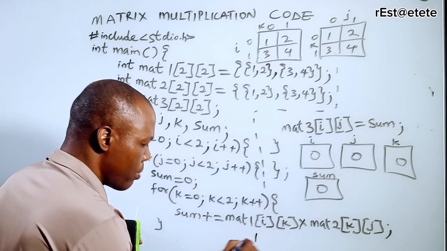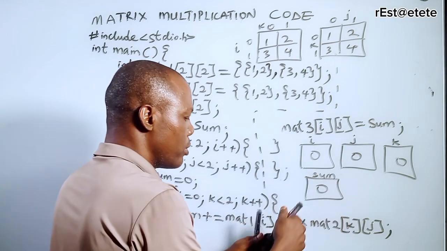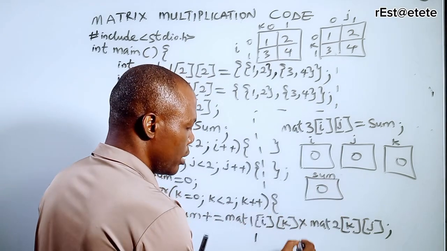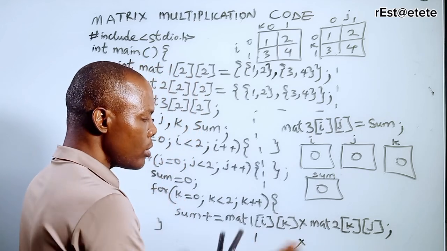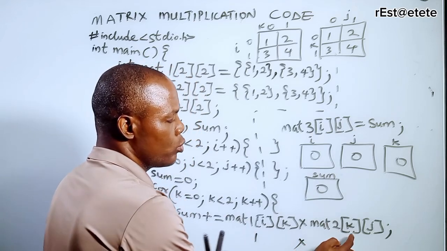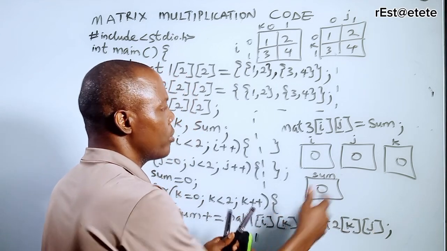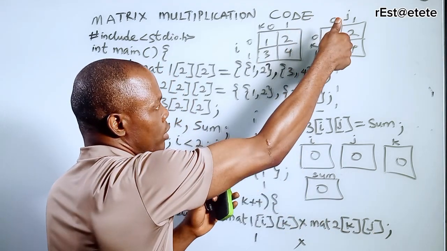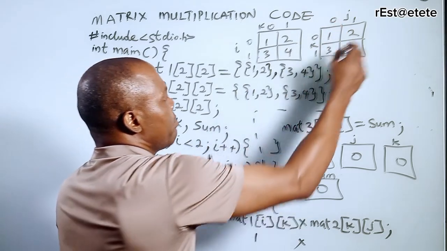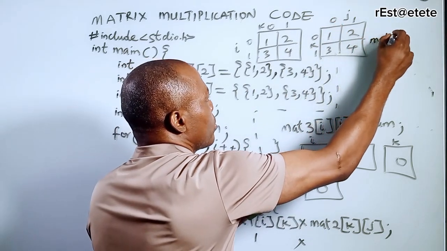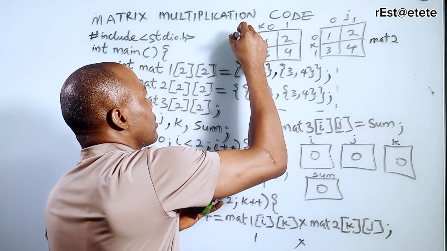Then you come to this side for the multiplication. mat2, K is 0, J is 0. Then you come to this one, which is mat2. And this is mat1.